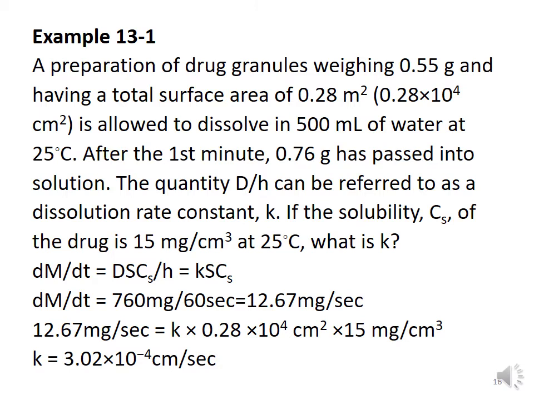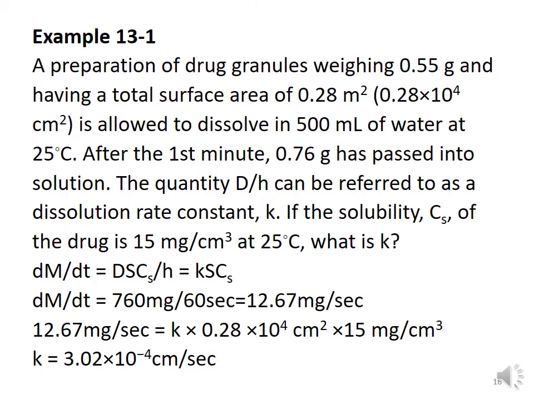The quantity D divided by h can be referred to as the dissolution rate constant K. If the solubility Cs of the drug is 15 milligrams per cubic centimeter at 25 degrees Celsius, what is the K? I would like also to mention that this example has a couple of shortcomings or limitations, since the amount passed into solution after 1 minute is higher than the weight of the preparation.